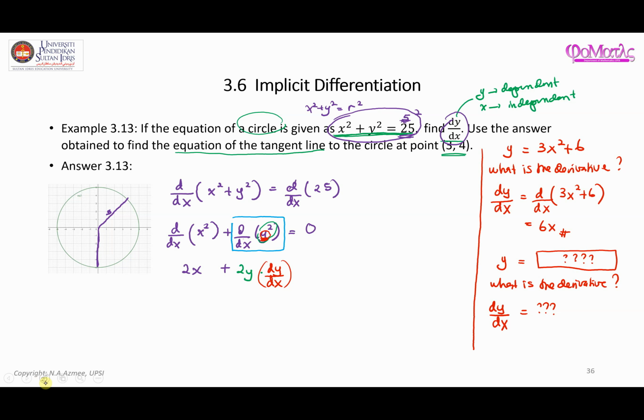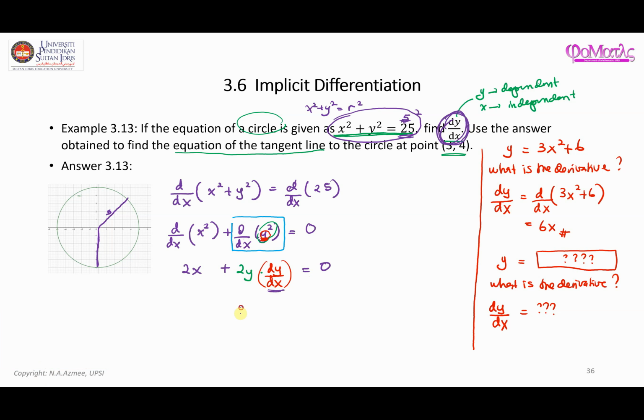Okay, so now we're just going to continue. This is equal to 0. And next, in order to find dy dx, we're going to solve this equation and get the value of dy dx.